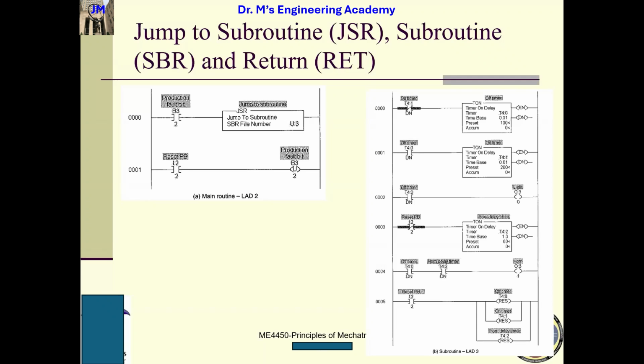So this resets timer 0, timer 1, and timer 2. So this is a separate program, a separate diagram. Here we call it the subroutine. A subroutine is a separate ladder diagram.